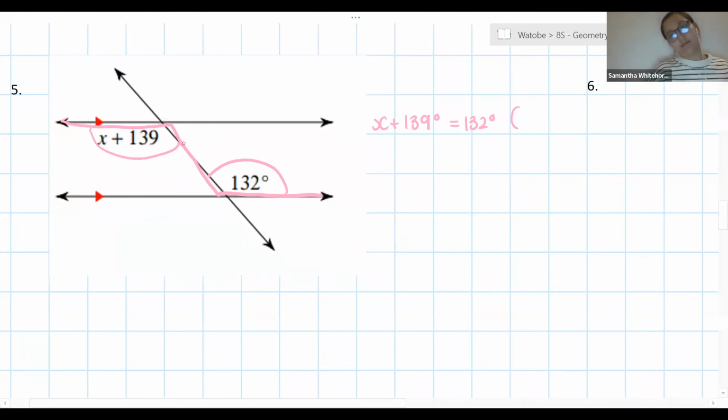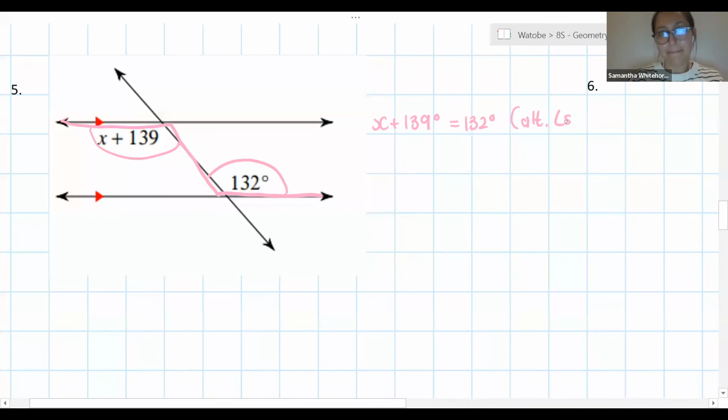Have I talked to Babalo? I think so. Palesa, we are all yours. Okay, so you would say x plus 139 equals 132 degrees, alternate angles. Good.